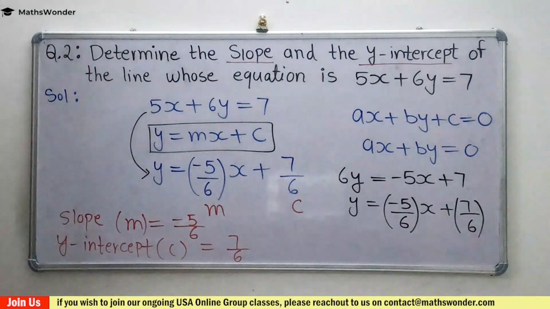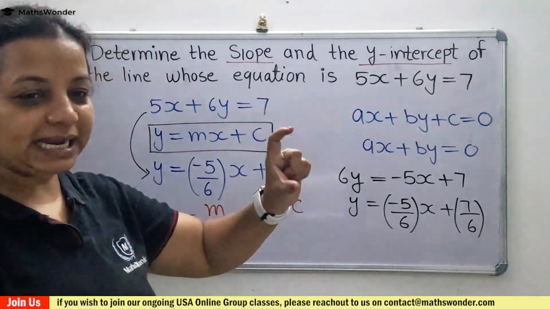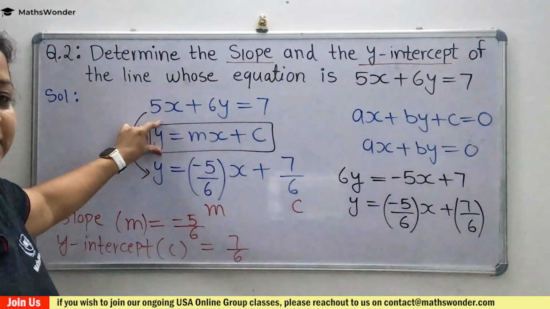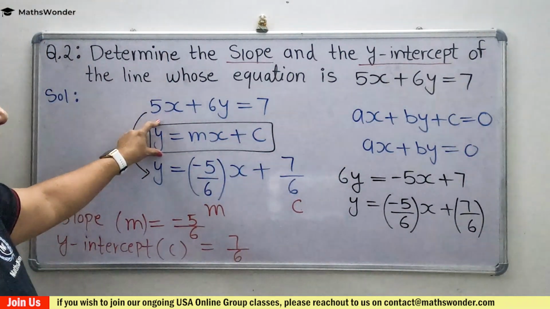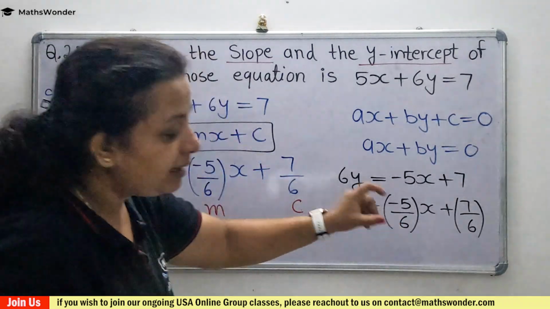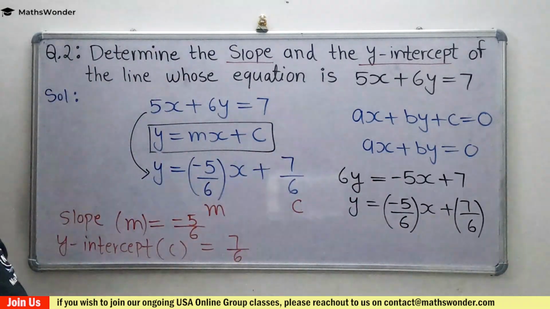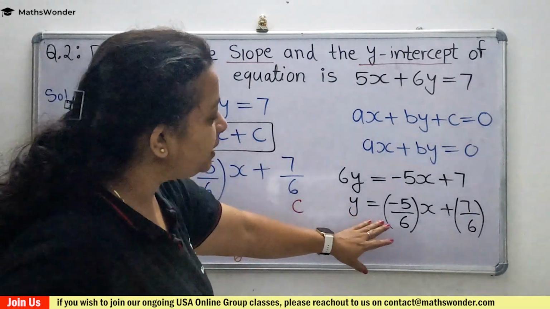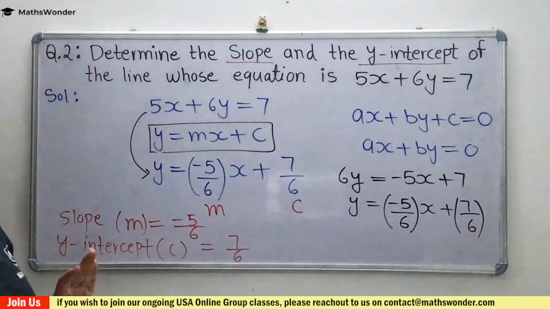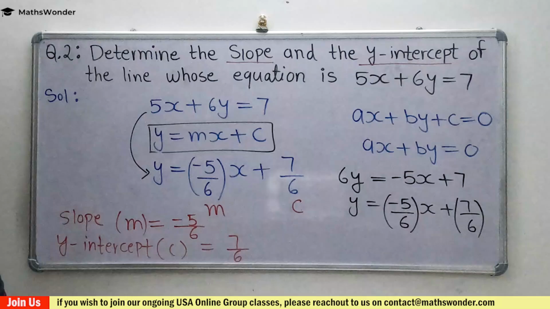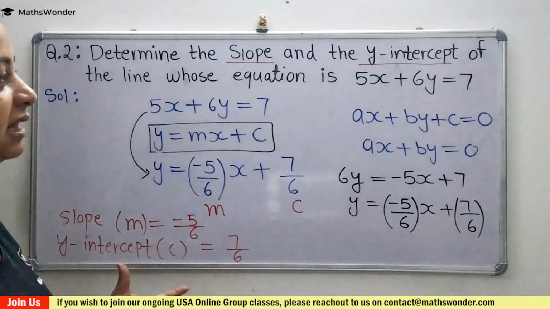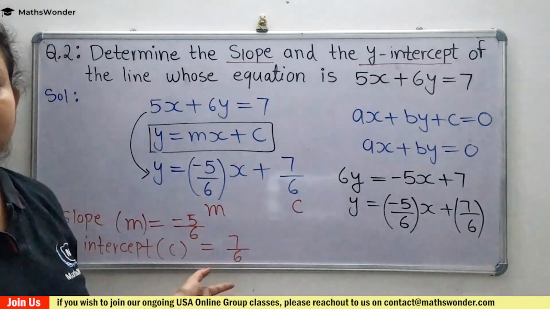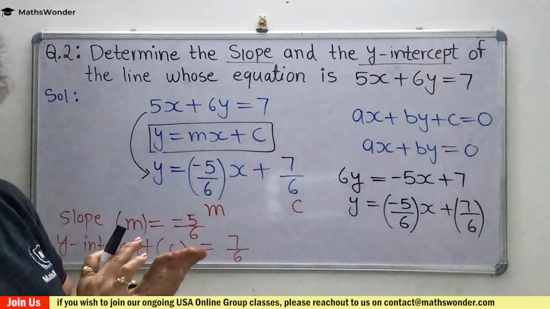Understood? Okay. So this simple linear equation converts into this form, y is equal to mx plus c. Then you can easily get the slope and y-intercept, because when you convert into this form, you will find the slope and the y-intercept easily. Sometimes the equation is not given in the direct form, like in your worksheet, where the direct form is given.